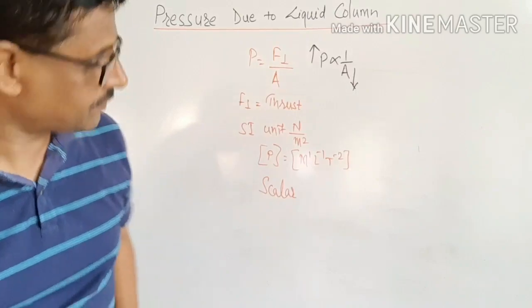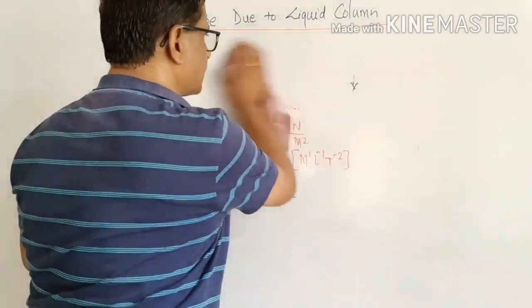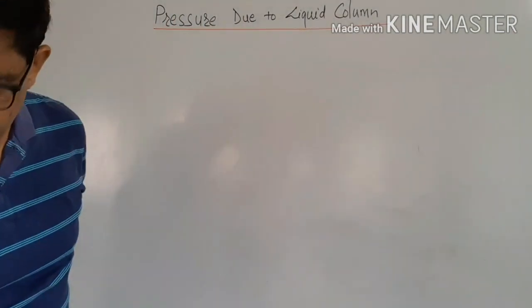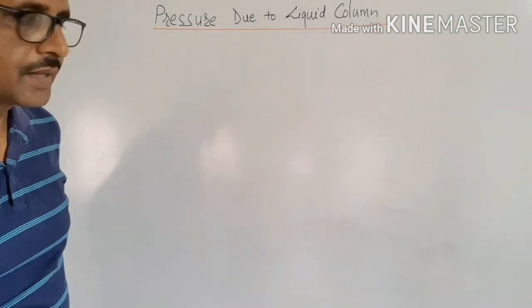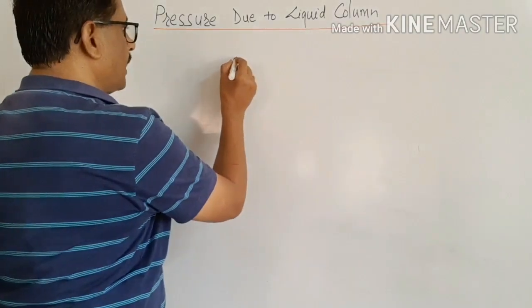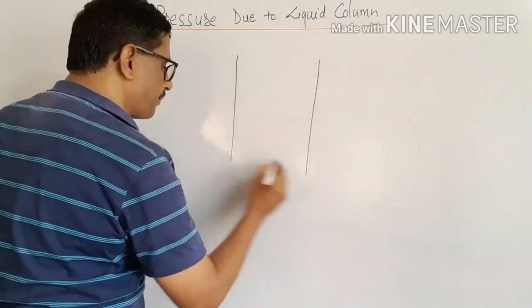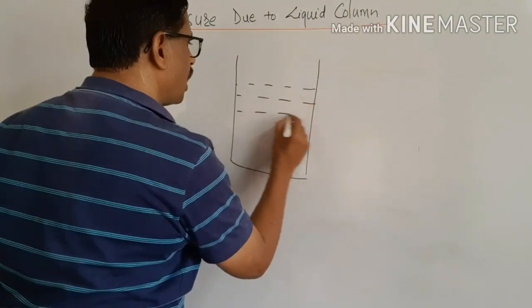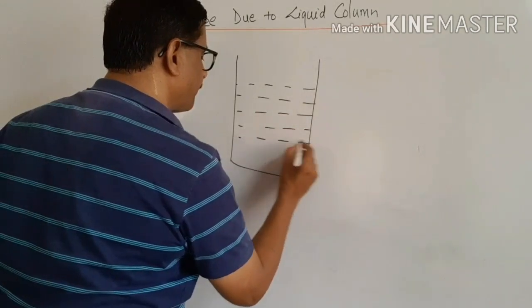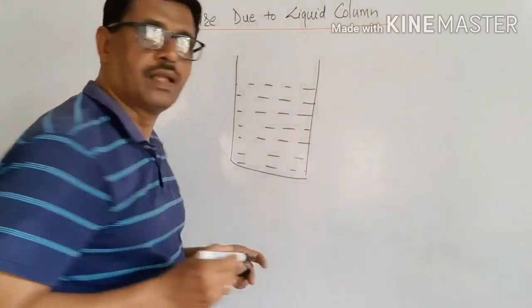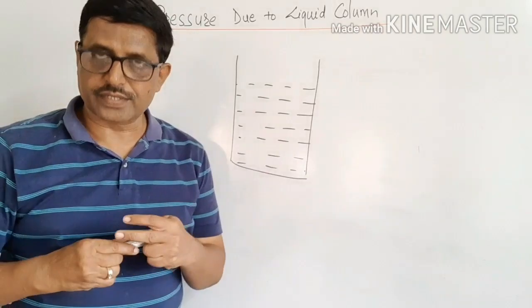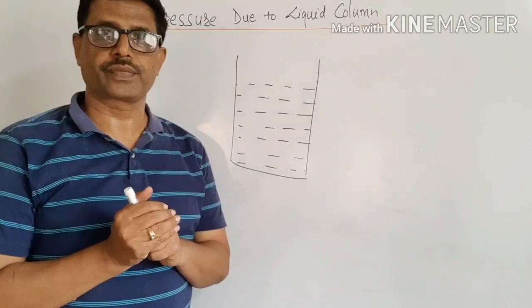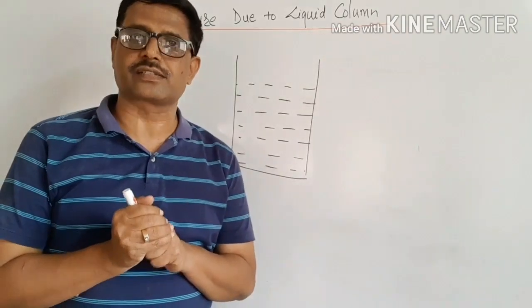For that, we will consider a container with a water. Consider it's a container filled with water or any liquid. We are studying the properties of the fluid, but mainly we are thinking of the properties of the liquids.